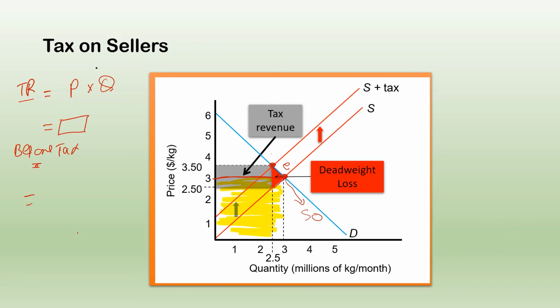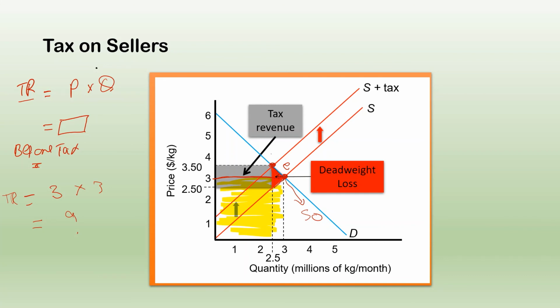Okay, the price was 3, and the quantity sold was also 3. So the total revenue to the seller is 9 million dollars per month.